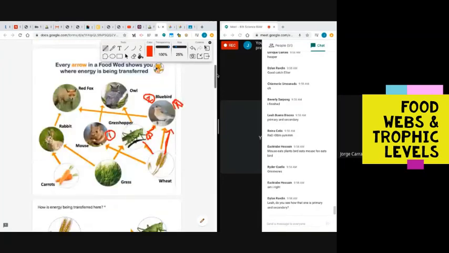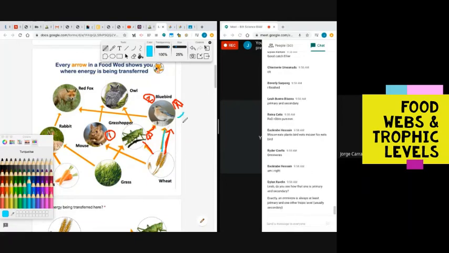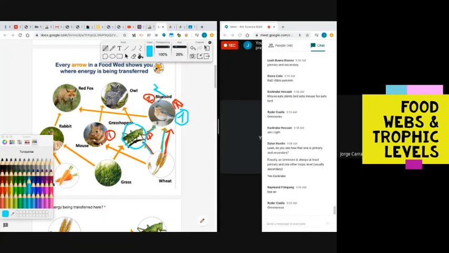So remember the bluebird, I'm gonna make it in a different color. The bluebird is primary because it eats a producer. So we know it's primary. That's clear to everybody. But it's also a secondary consumer because it eats another organism right here. Anybody can tell me a different name for a consumer that is both primary and secondary?